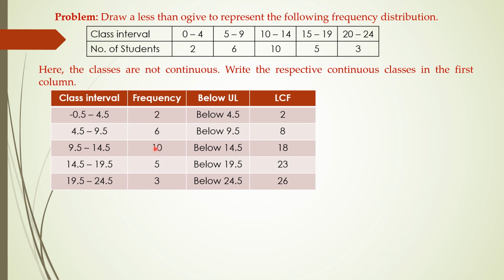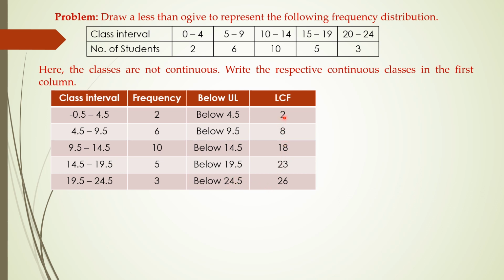In the second column, copy the respective frequencies. Now we know we have to make use of upper limits in case of LCF. As the upper limit is 4.5 here, below 4.5. 9.5 is the upper limit here, below 9.5. Now upper limit is 14.5, that's why below 14.5. 19.5 is the upper limit, below 19.5, and 24.5 is the upper limit, below 24.5.